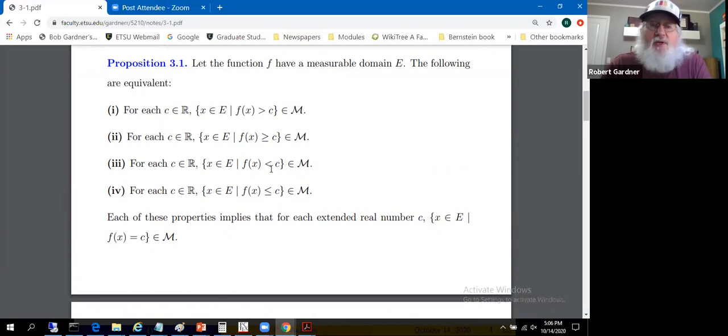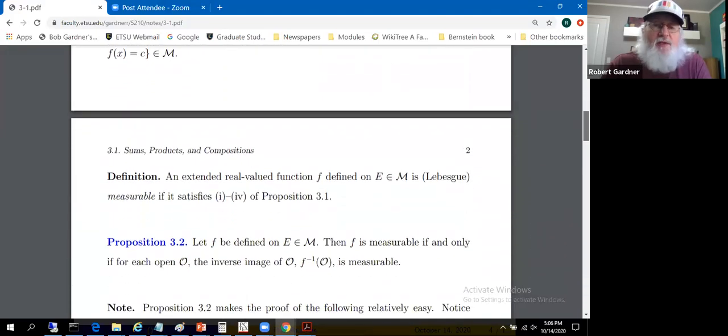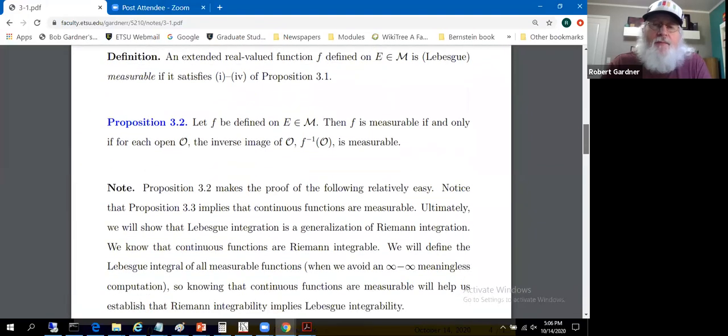This is the inverse image of the interval negative infinity to c, wherever the function is less than c. These are inverse images of closed unbounded intervals, by the way. But the proof is based on the fact that we know what open sets look like.